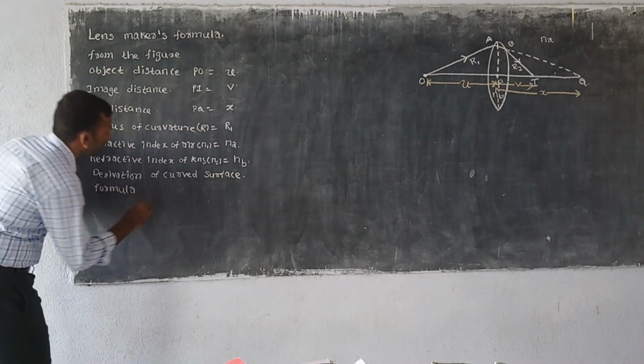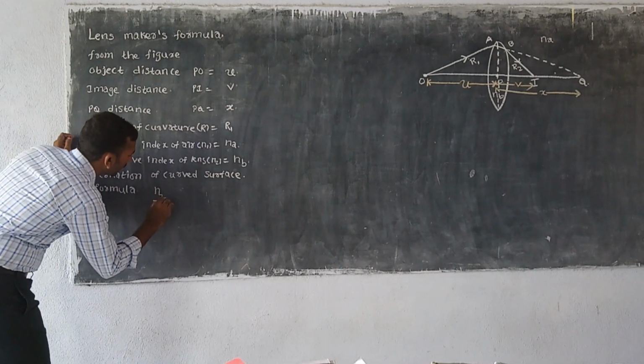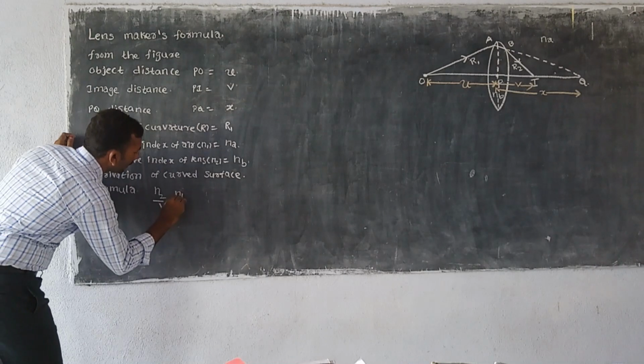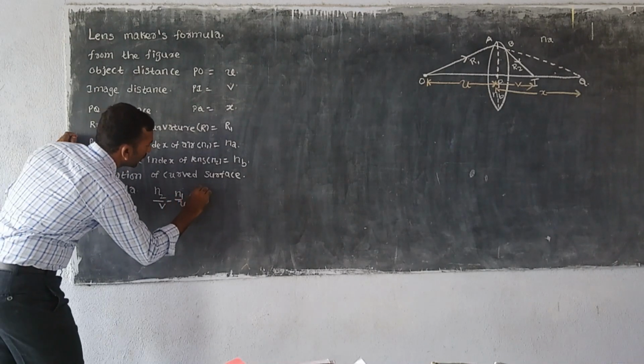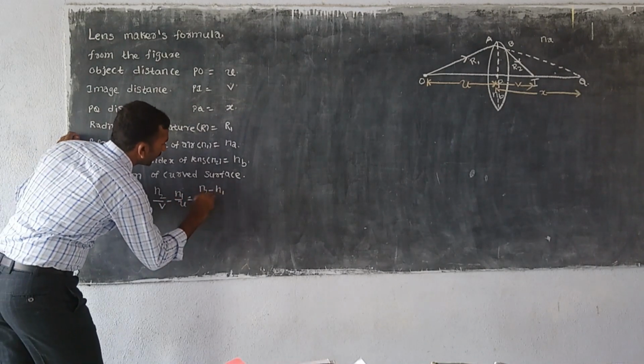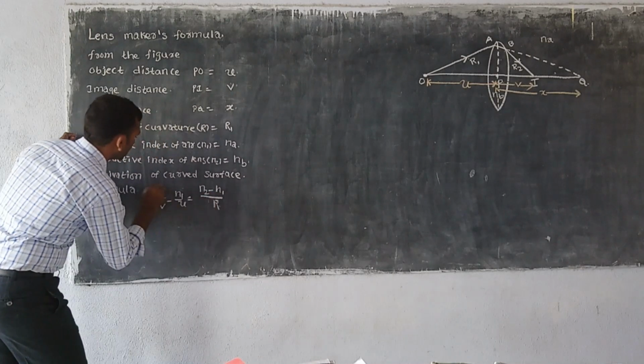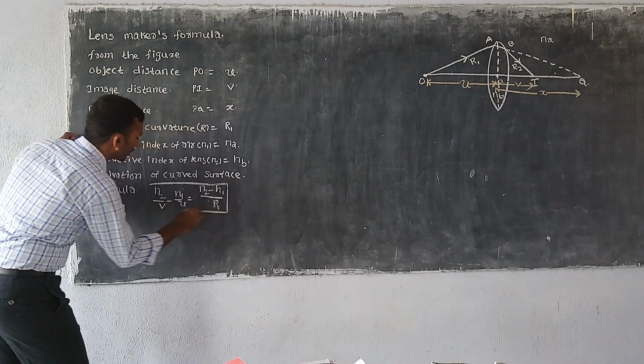What is that formula? N2 by V minus N1 by U equals N2 minus N1 by R. This is the derivation of curved surface formula.